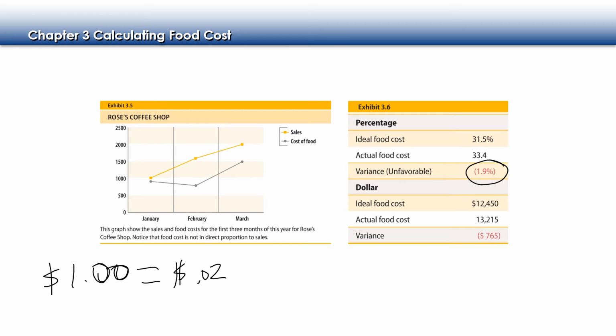And you can see it here reflected in the dollar amount. Okay, our ideal food cost is $12,450, but our actual was $13,215, which means we spent $765 more than what we actually wanted to spend. That's a problem.